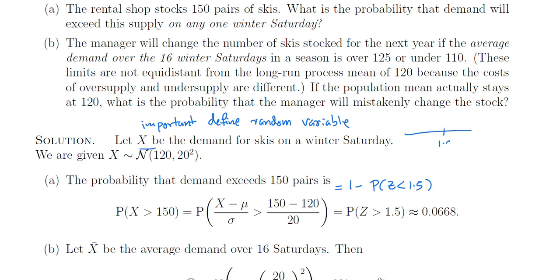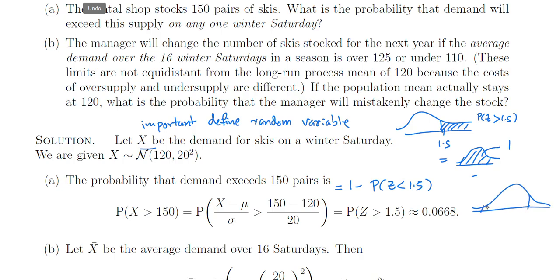Because if this is 1.5 and we want this probability, P of Z being larger than 1.5, it is equal to the total probability, which is 1 minus the cumulative probability of Z being less than or equal to 1.5.